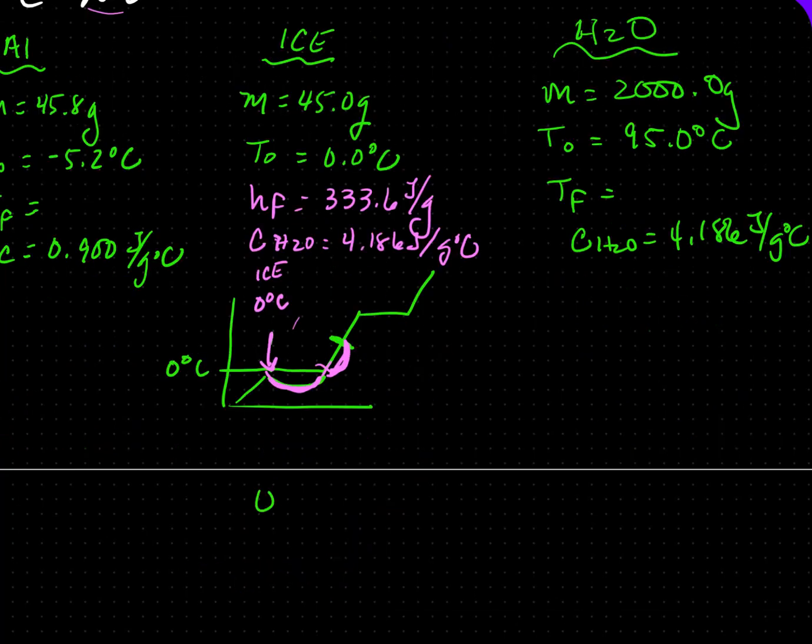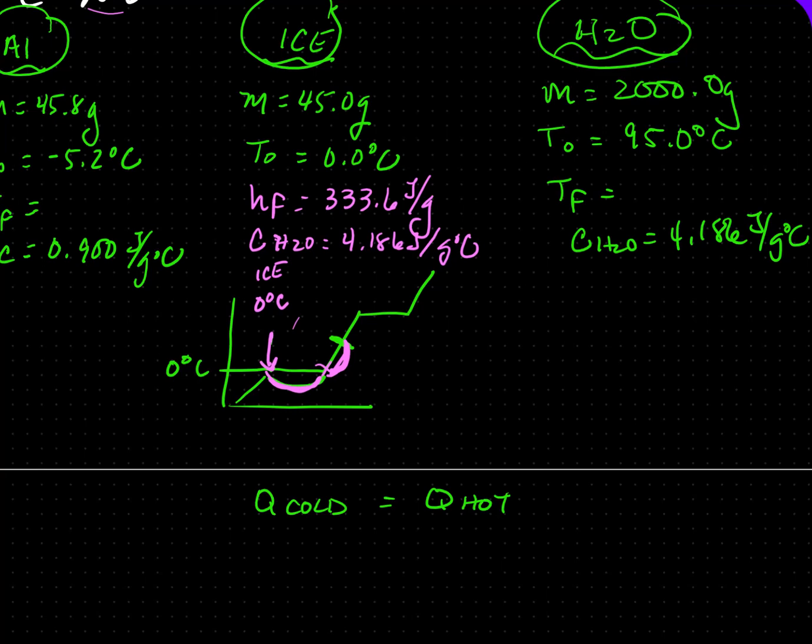So my equation is going to be Q cold equals Q hot. The aluminum and the ice are cold. Why? Because they're at a lower temperature than water. The water will lose the heat that the aluminum and the ice will gain.